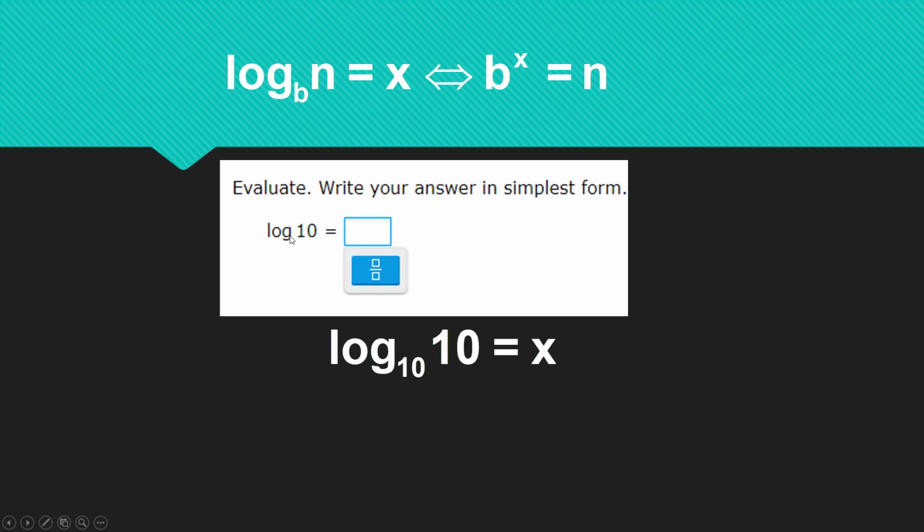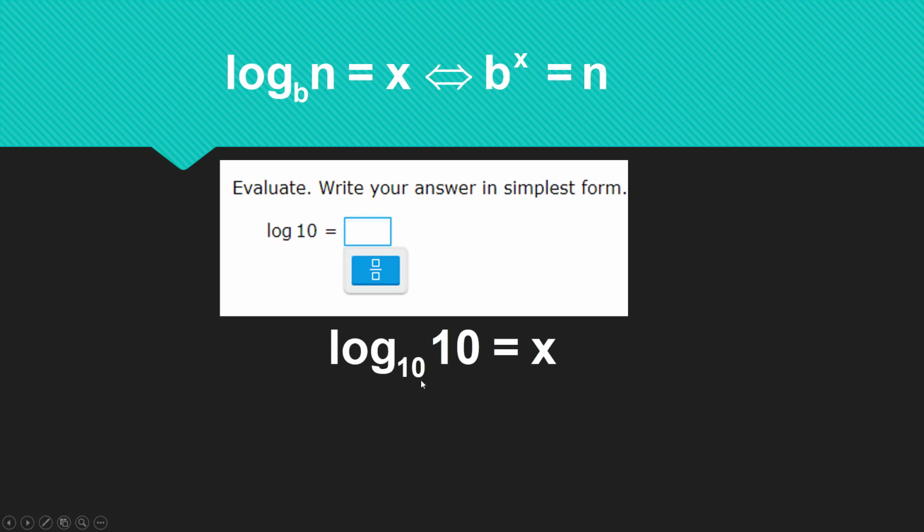Again, when we don't have a base written in this log notation, then the base is understood to be 10. We don't have to write that. It's commonly agreed on in mathematics that the base is 10 when there is no base indicated here. I've written it here just for clarity.